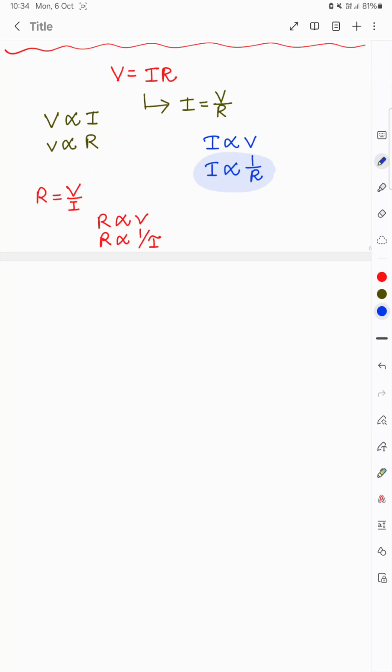Say A is a metallic conductor, B is another metallic conductor. In case of A, current is denoted as I1, resistance R1 and potential V1. In case of B, I2, R2, V2. Okay.